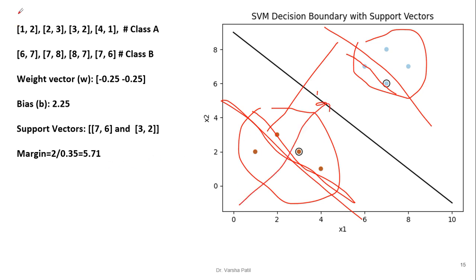When we implement this program in Python, we get the weight vector as -0.25, -0.25 and bias as 2.25. It takes only these 2 points as support vectors, one for this class and one for this class, and we get a margin of 5.71, so the maximum margin is there.